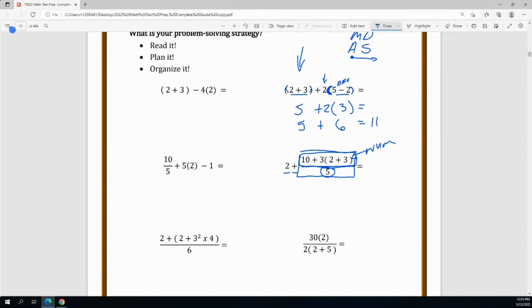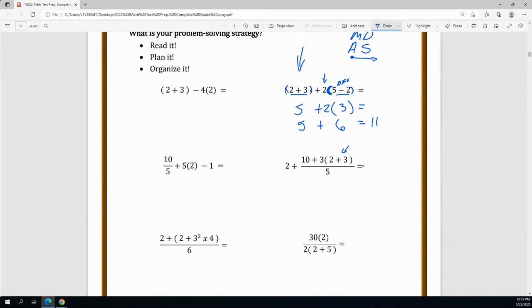So that means that in order to do this whole math problem, we would first start with the parentheses, which are located here. So we would first have to do 2 plus 3. Now, one of the most important things that you're going to learn is how you write makes a big difference.